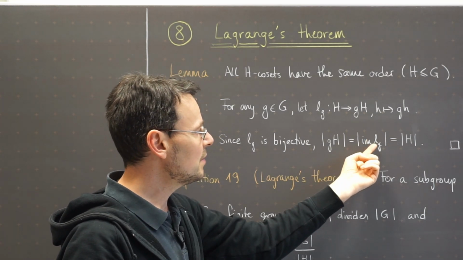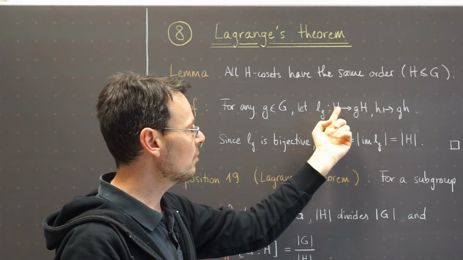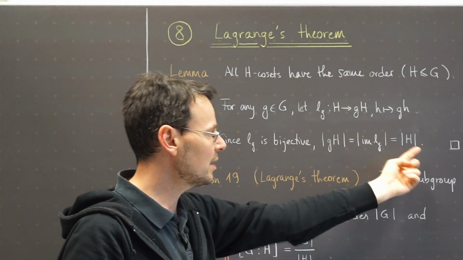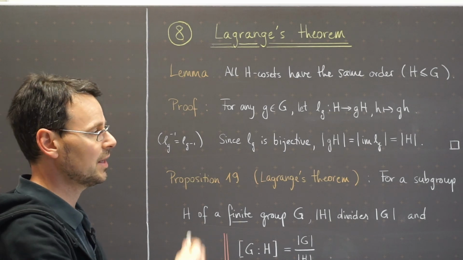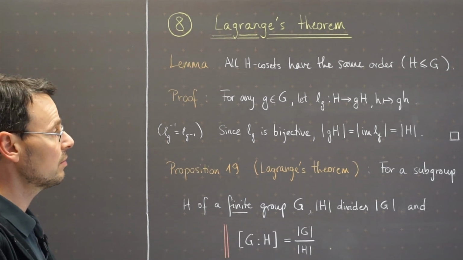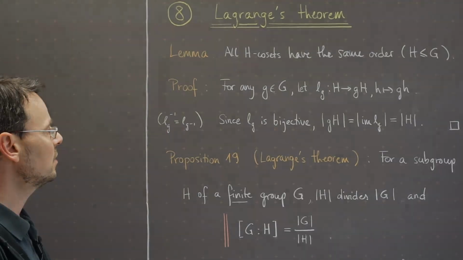By definition, if there exists a bijective map from one set to the other, then they have the same cardinality. So in both cases, the order of G finite or infinite, this is true.